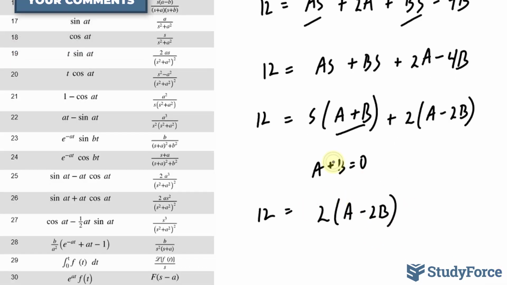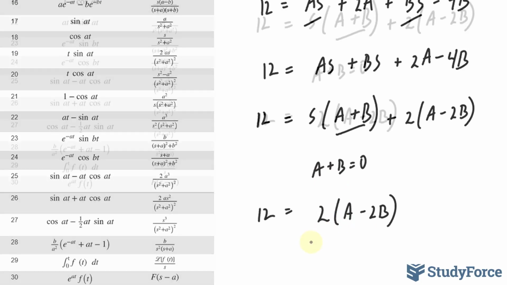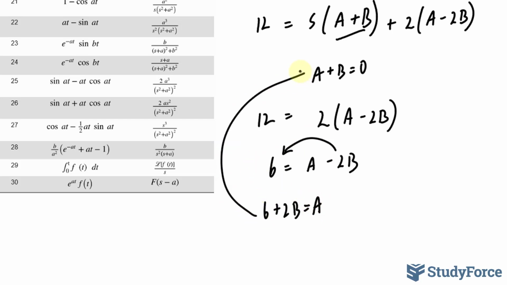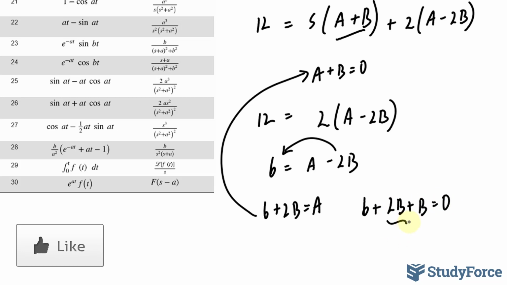I'll solve for one of these letters and substitute it back into here. Let's do it quickly. We get 12 divided by 2 is 6 is equal to a minus 2b. Bringing that over, we get 6 plus 2b is equal to a. I'll substitute that now into a, where I get 6 plus 2b plus b is equal to 0.